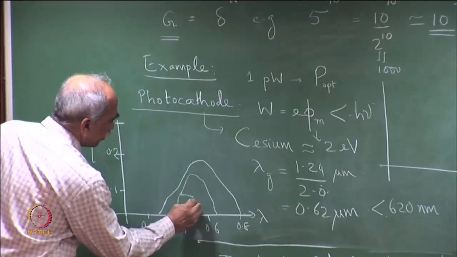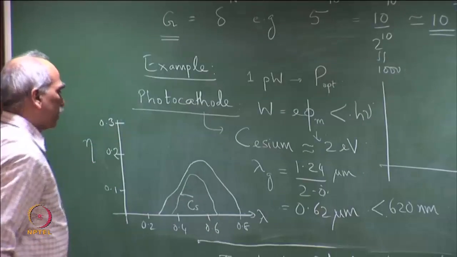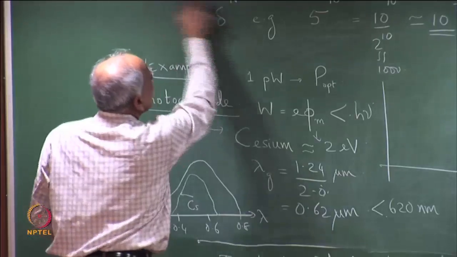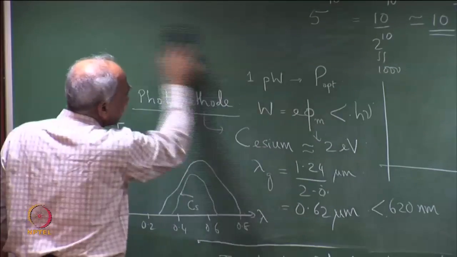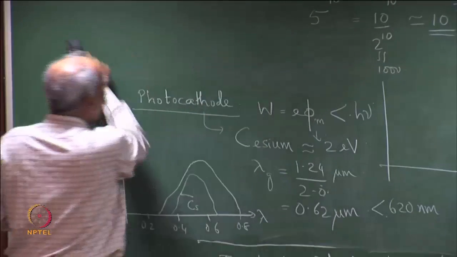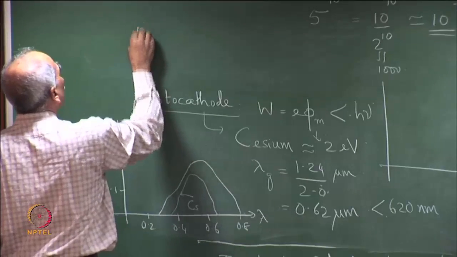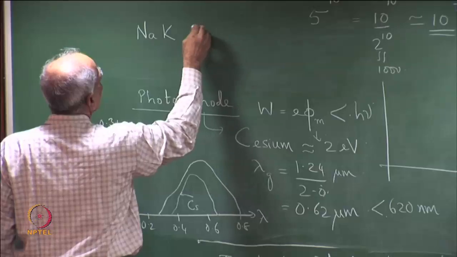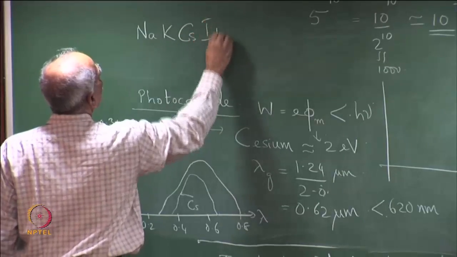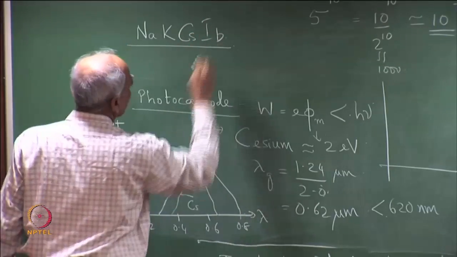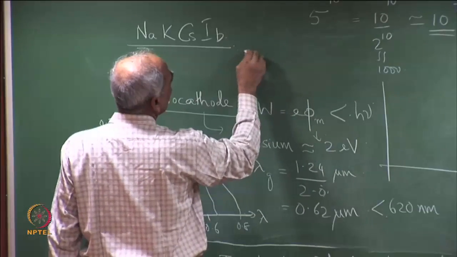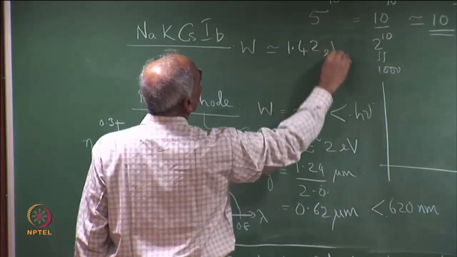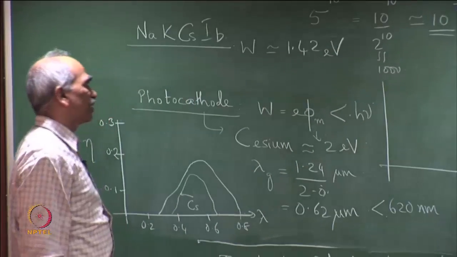If I take cesium, there are other materials. For example, one of the materials is an alloy, a compound of sodium, potassium, cesium, antimonide. This has a work function W of nearly 1.42 eV, almost the same as the band gap of gallium arsenide.